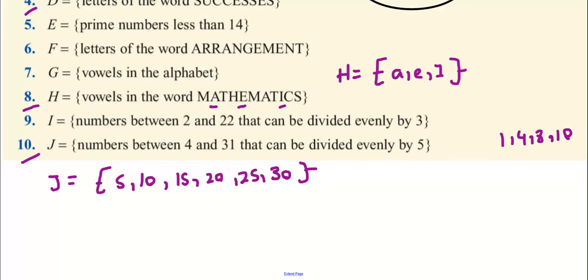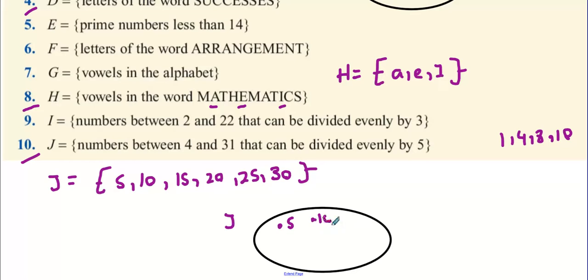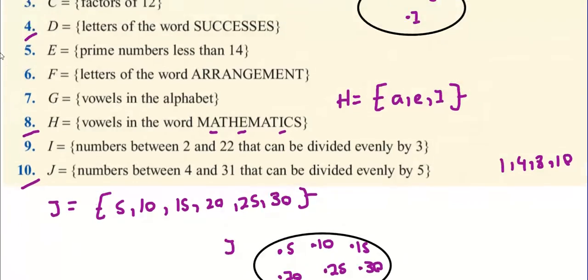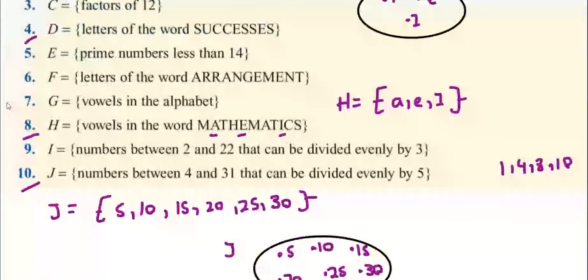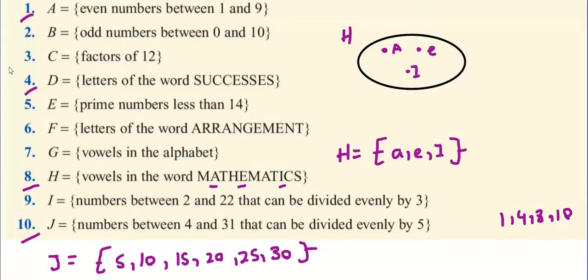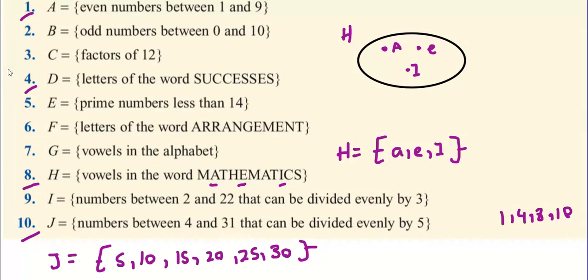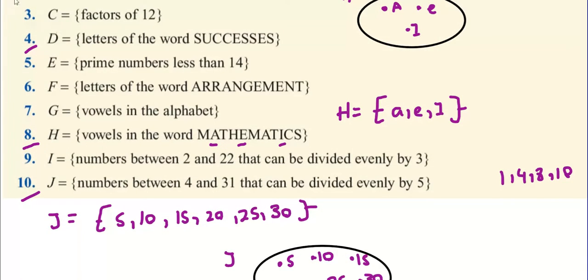And then we get J. We create ourselves an oval to make the Venn diagram of it, like so. Here's J, and then what we do is we put in 5, 10, 15, 20, 25, and 30. And there we go. Is that right with you guys? Okay, let's move on to the next one.